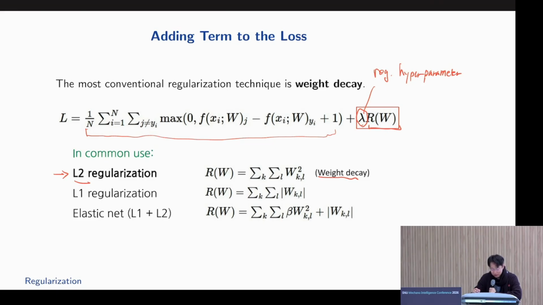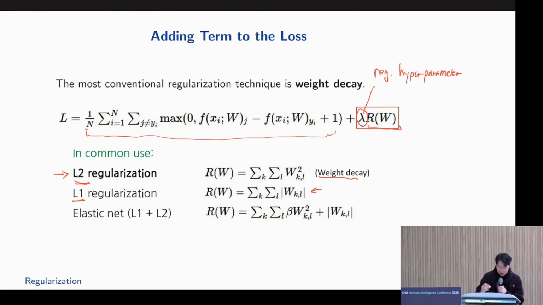I would say the default choice is to use L2 regularization. And L1 regularization encourages sparsity of the solution, meaning after you train this, there's going to be lots of zeros, in theory, but not so much in practice. You need to clip small values to zero after the gradient step. But in theory, this will encourage sparse solutions.